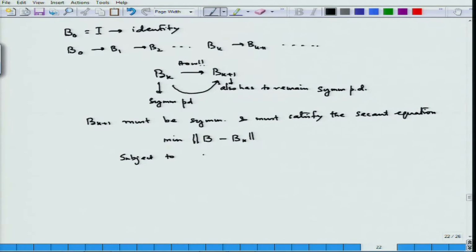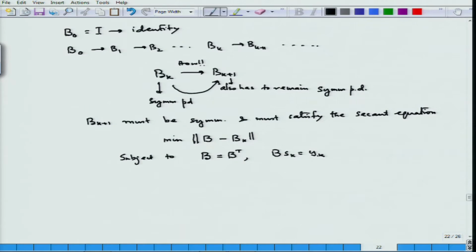I have to find the B that will minimize this norm, the difference between B and B_k, which I will say what sort of norm we will use in the next class. The B_{k+1} should satisfy this.